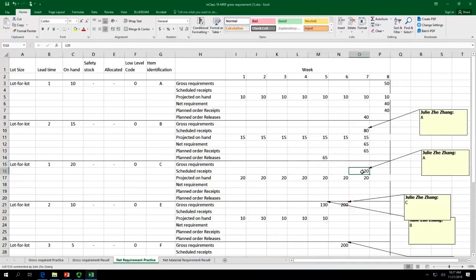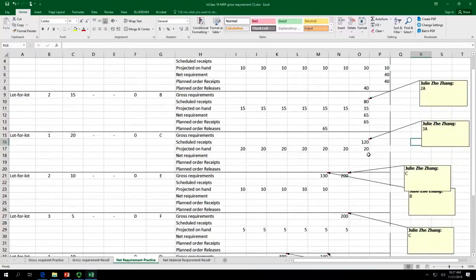And for C, this is 120. 120 actually equals 3A. Here it actually equals 2A. And the next one, the net requirement equals the scheduled receipt minus what you have. That means we need to produce 100 pieces.